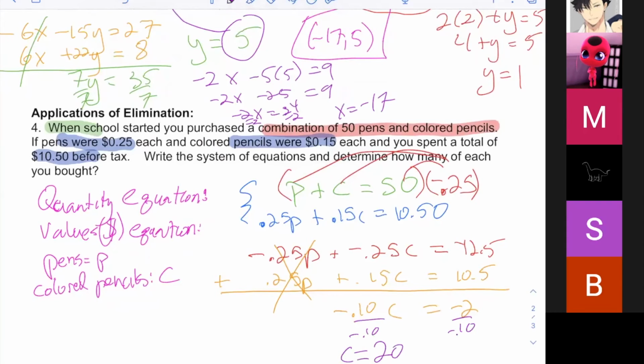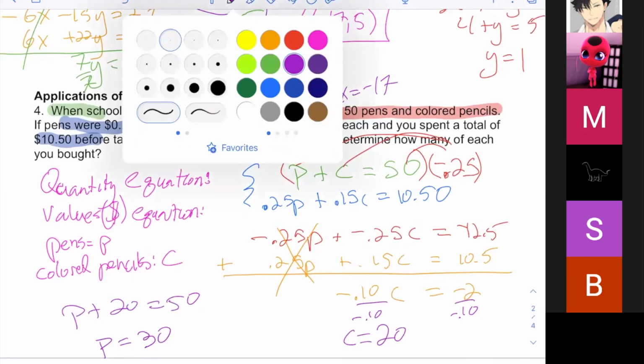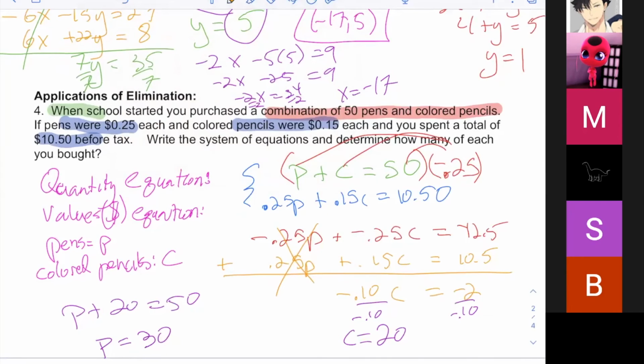And how many pens? That's just the remaining, which is 30, because the total was 50. And with these, you don't write them as an ordered pair, you just write them as words, as a sentence.